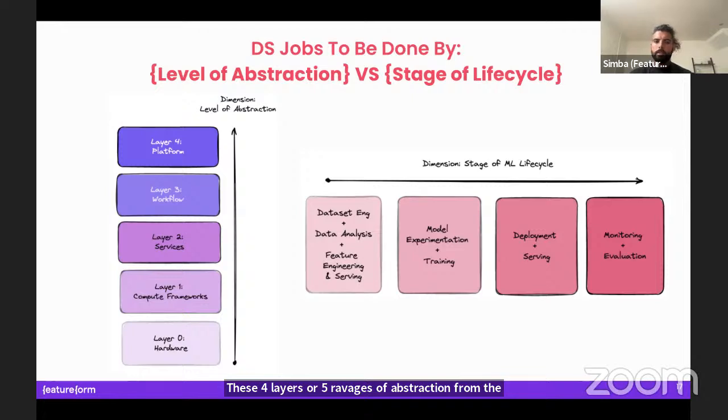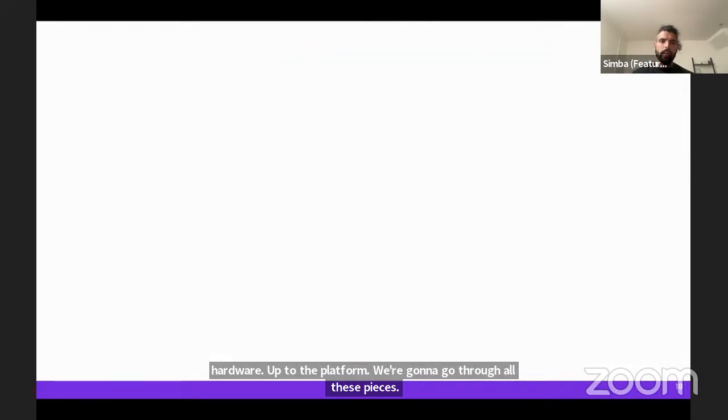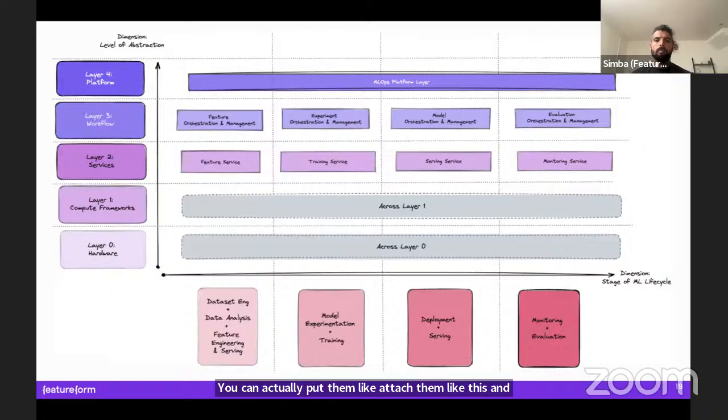We're going to go through all these pieces. You can actually attach them like this and build a grid. And with that grid, we will be able to talk about my dissection of an MLOps platform. So we'll go through all of these pieces. The only thing that's not really included here is the notebook management, which I touched on, but that kind of touches all of this.